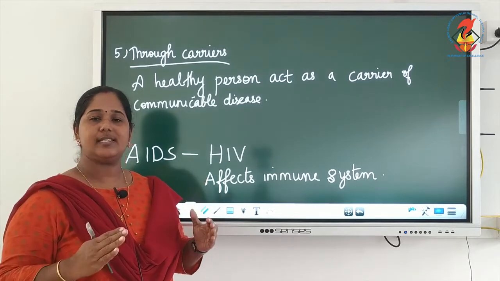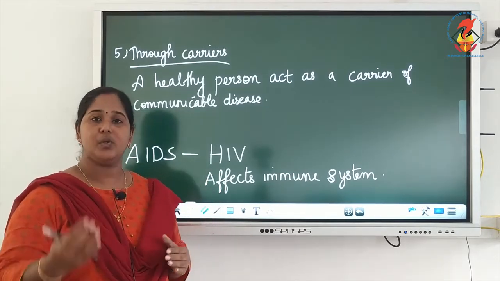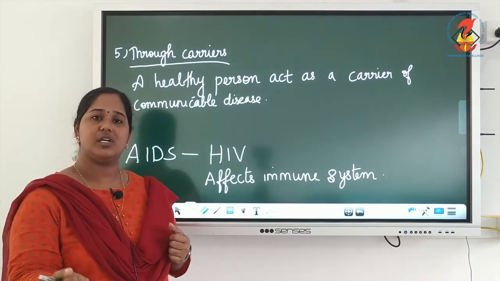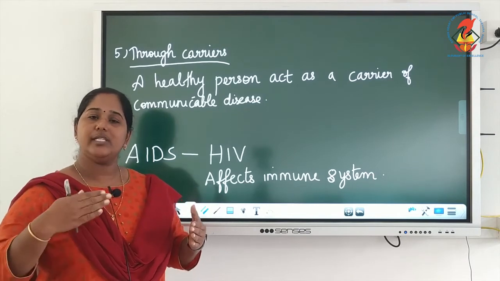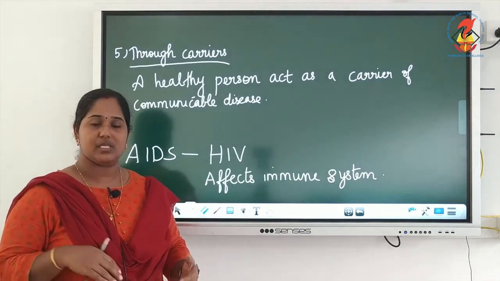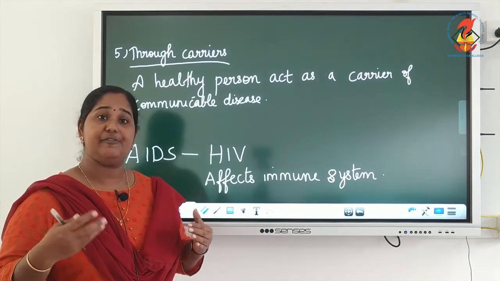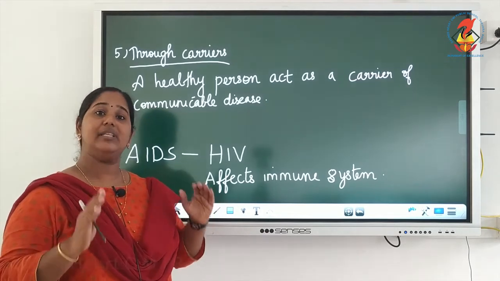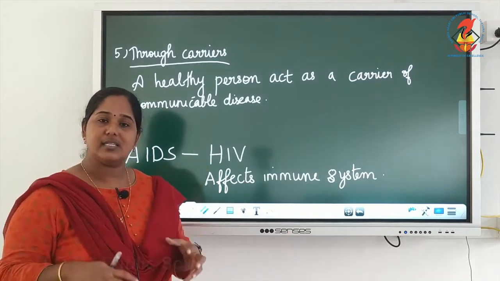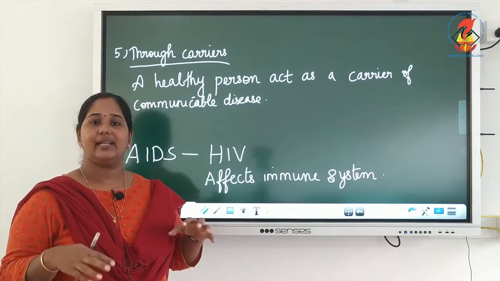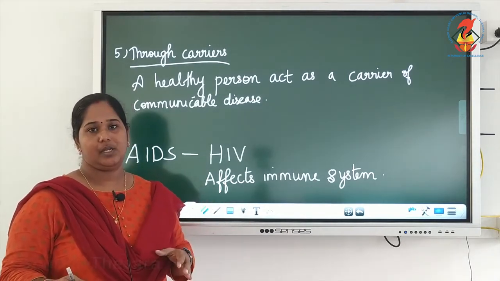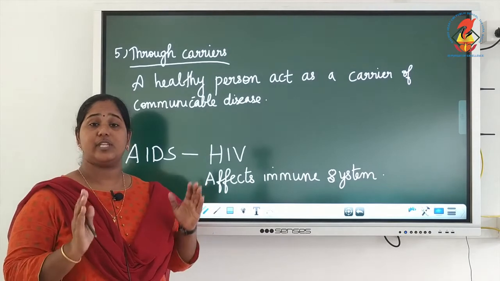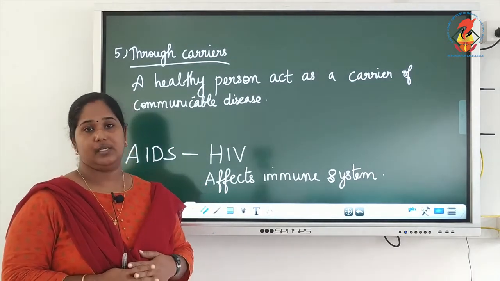So if the virus attacks the immune system, the person's immunity reduces. That means the power to resist the germs reduces. If the immune power of the person reduces, he will start getting different types of diseases. Actually, AIDS does not kill the person by itself. Many other diseases start attacking that person, and that is how it leads to death. So that is also a dangerous disease. It is a communicable disease which affects the immune system of a person.